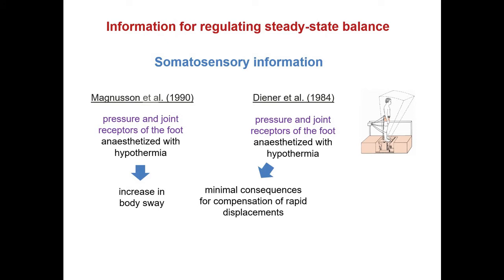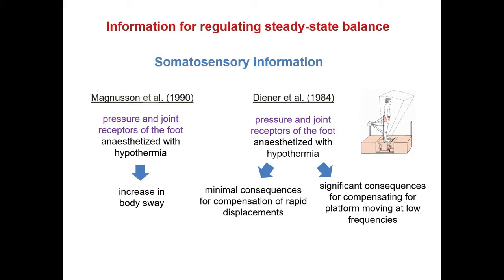In their study, they observed minimal consequences for how participants were able to compensate for rapid displacements. But in contrast to that finding, they observed that there were significant consequences for participants' abilities to compensate for slow platform perturbations.